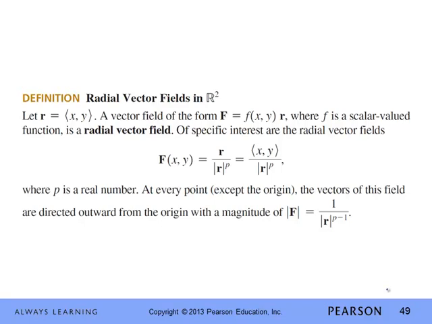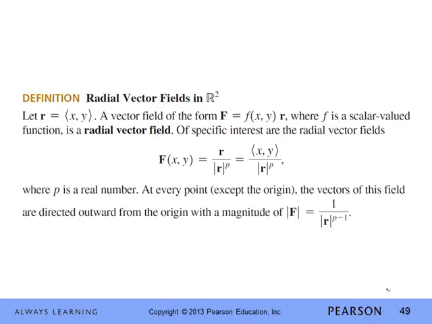They don't specifically mention it, but they say it's for all these outward facing ones; like I said, there could be a negative for others, and they don't really talk about it in this part of the textbook. But when you have this radial vector divided by some power of the magnitude, then that's a radial vector field.